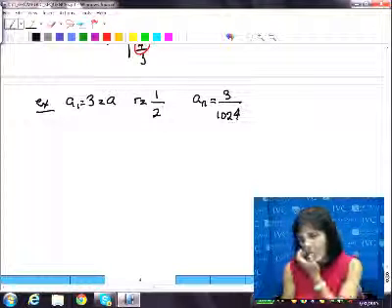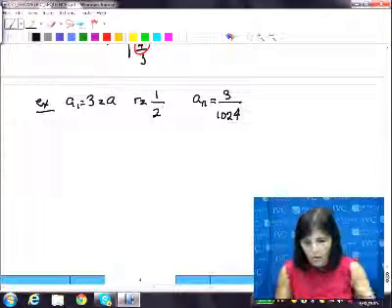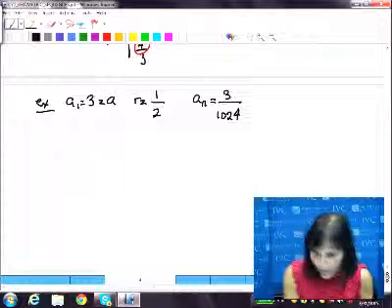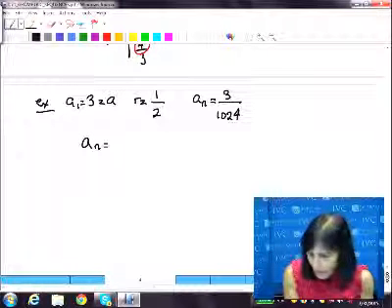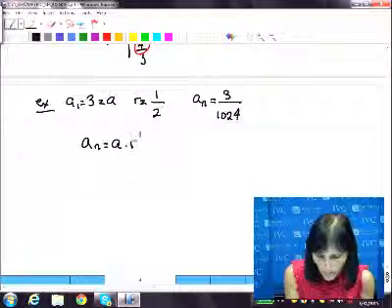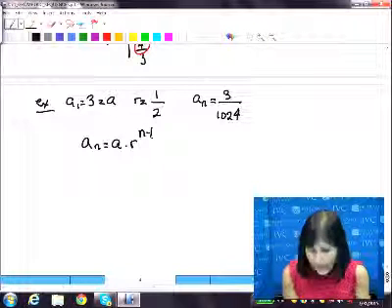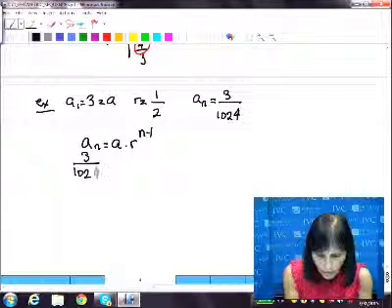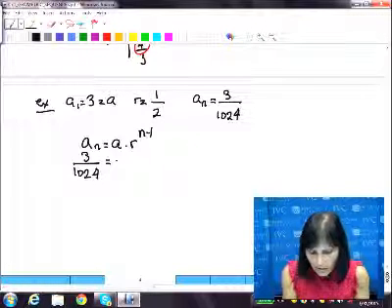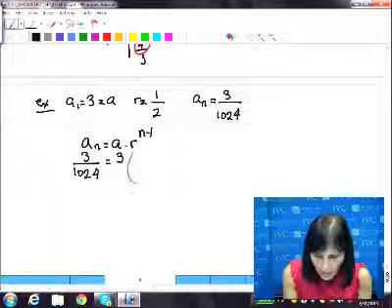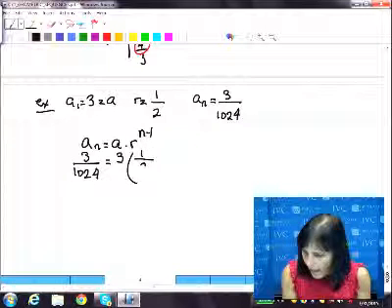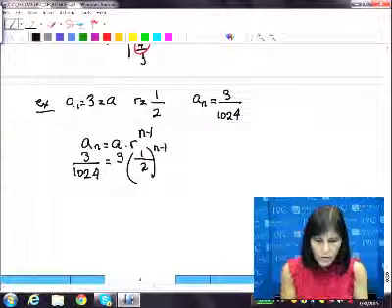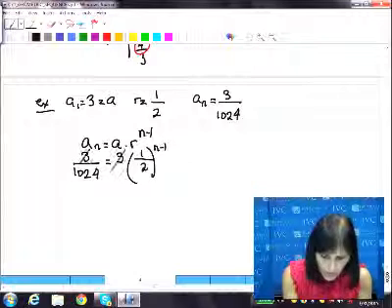What term is that? What is that n? Well, you may say, I don't know. So write down the formula. What is the formula? a_n equals a times r^(n-1). So let's look at that. a_n is given, 3/1024. And a is given, it's 3. And r is given, 1/2. Look at that, the 3's will go.